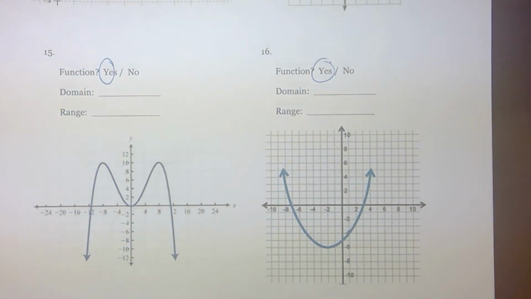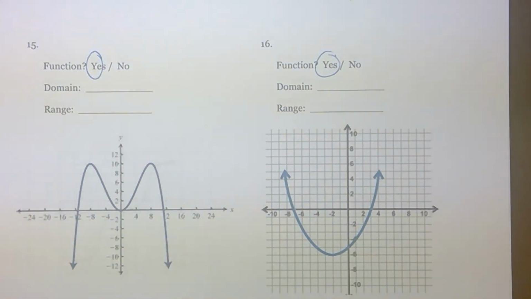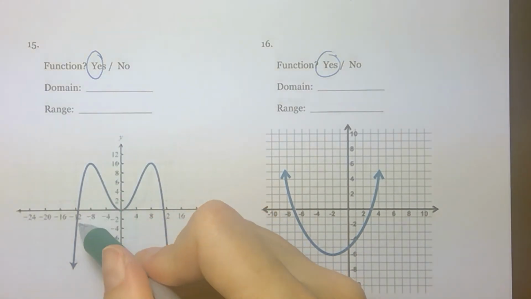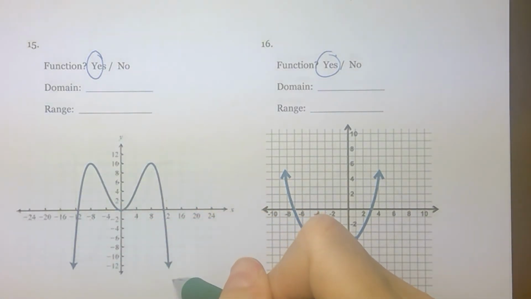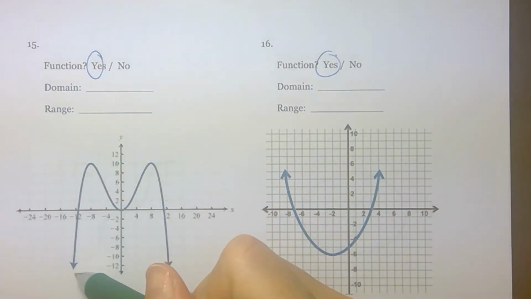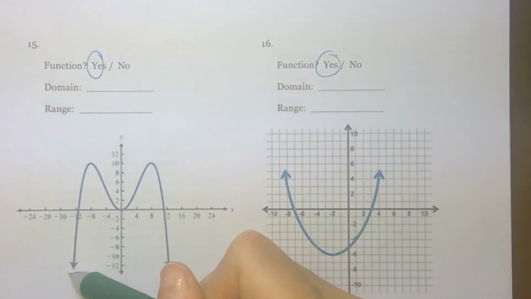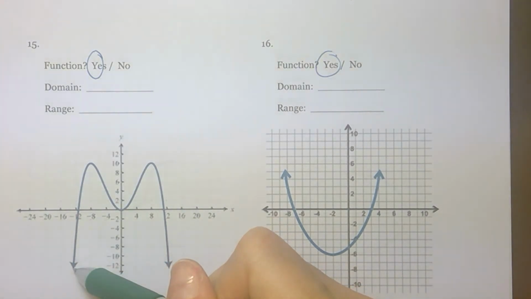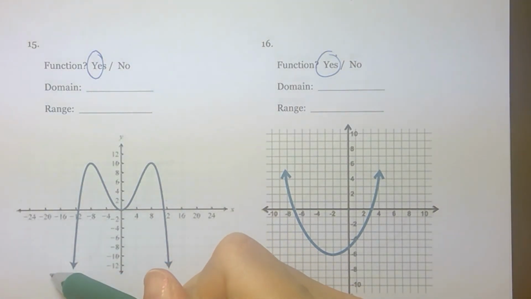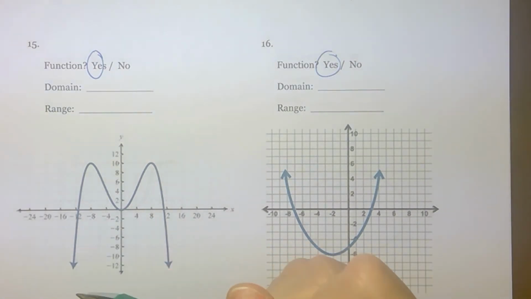Again, keep in mind that whether it's a function or not, it does still have a domain and range. My domain is my set of x values. Because this function has arrows on the end, that means it just keeps going. Now, it keeps going down really fast, but it's moving out. If you look, you see that is not a vertical line. It's just that it's moving down a lot faster than it's moving out. It is still moving out, however.